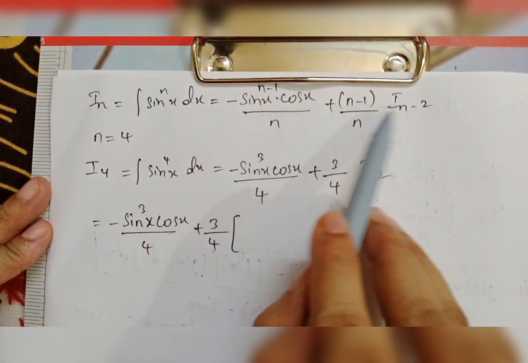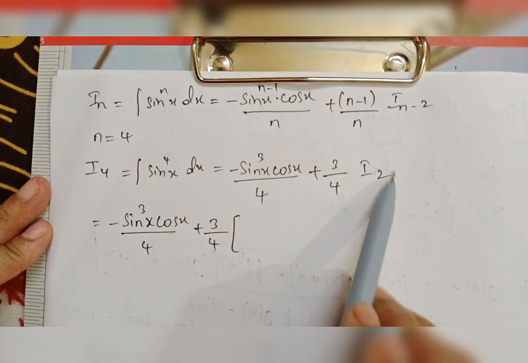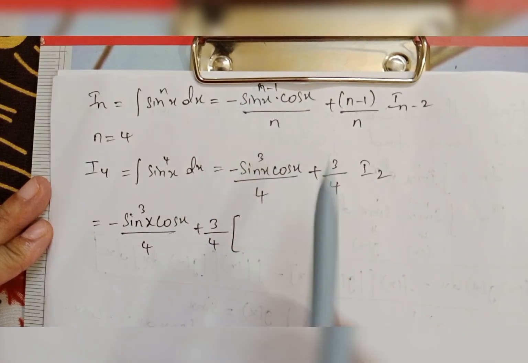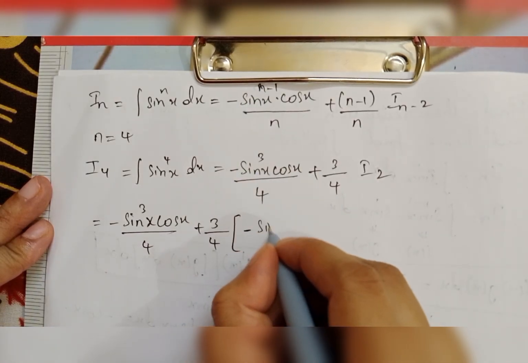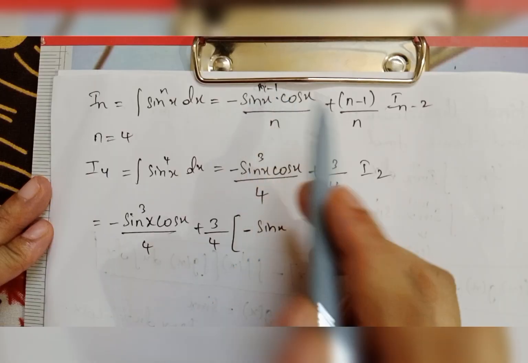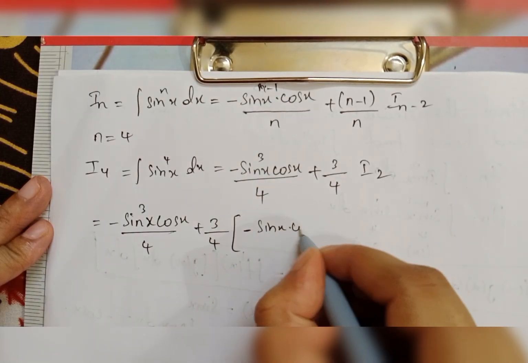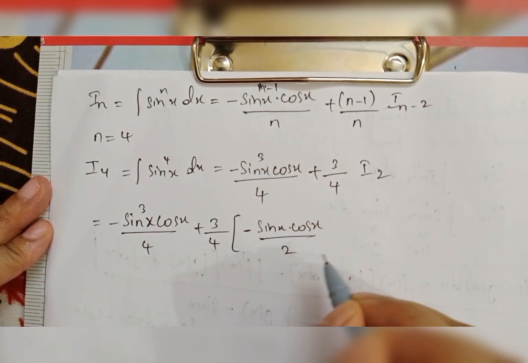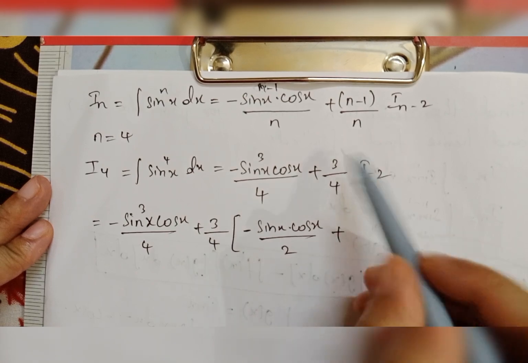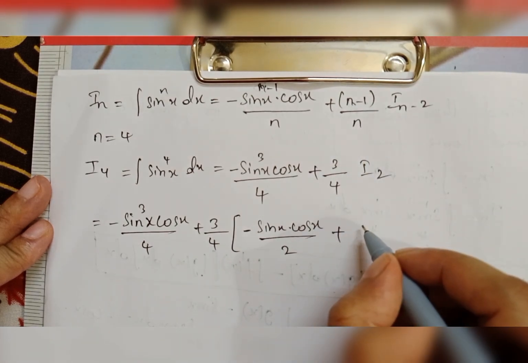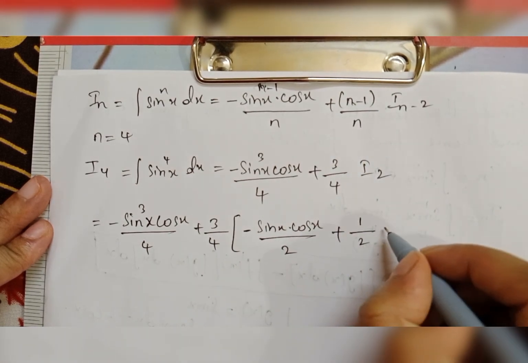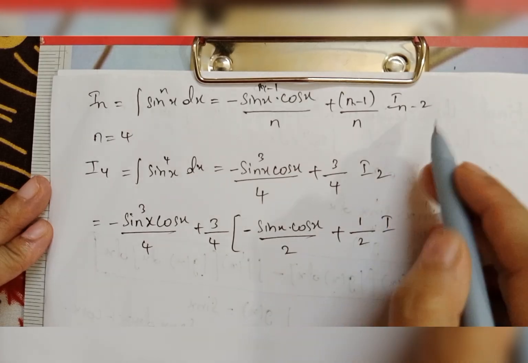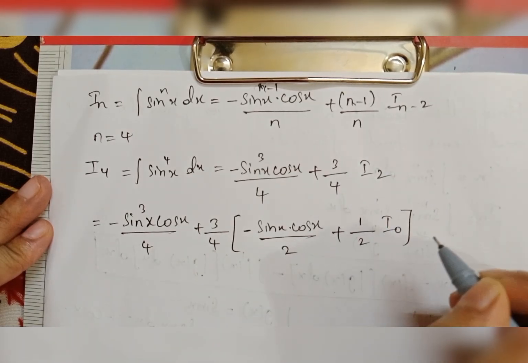So in this equation again put n equals 2. So it will be -sin x, 2 minus 1 is 1, so sin x cos x by 2 plus 2 minus 1 will be 1 by 2 into, here 2 minus 2 will become 0, so it is I naught.